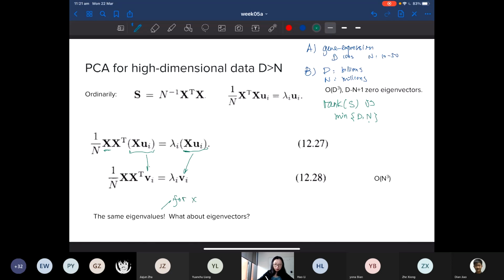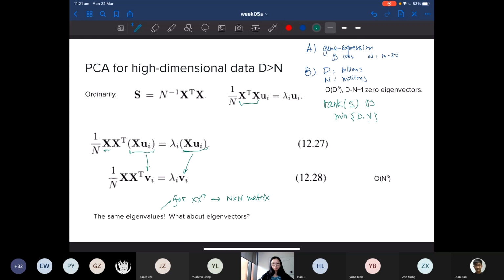So for X X transpose rather than X transpose X. And X X transpose is now an N by N matrix rather than D by D, right?